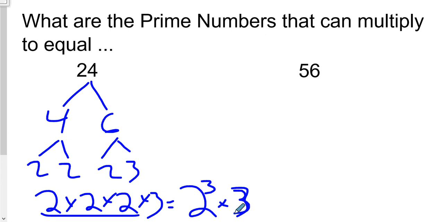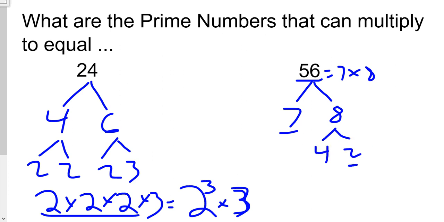Okay, 56. Remember, for those who are struggling, if you've got a number line, you have 1, 2, 3, 4, 5, 6 equals 7 times 8. Number line 5, 6, 7, 8. So 56 can be divided by 7 times 8. 7 is prime, 8 is not. 2 is prime, 4 is not.